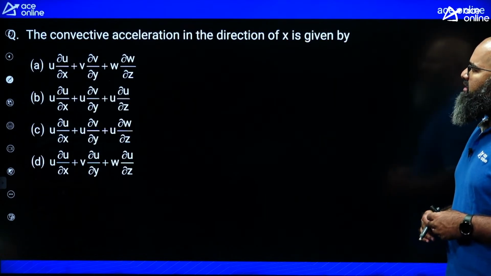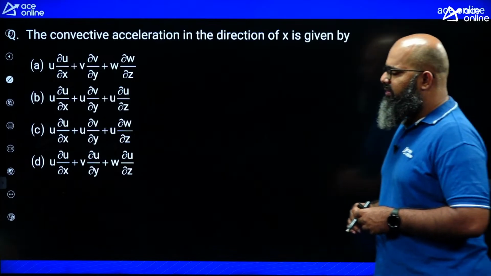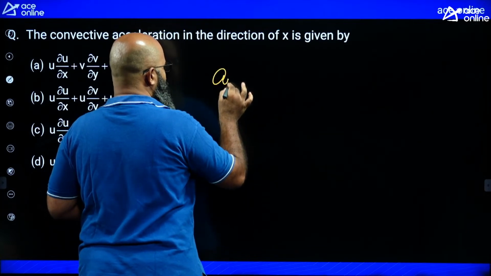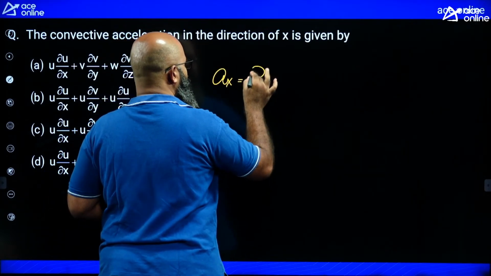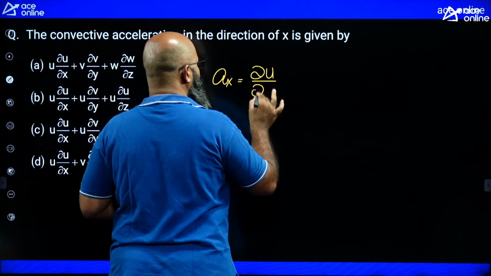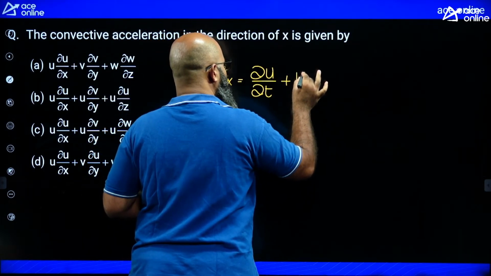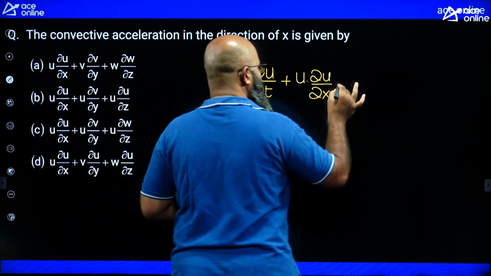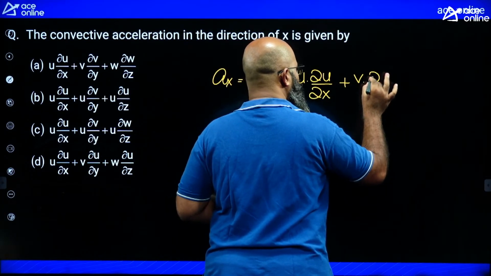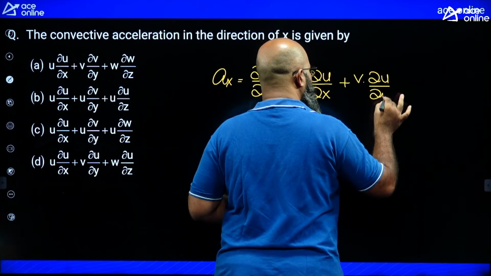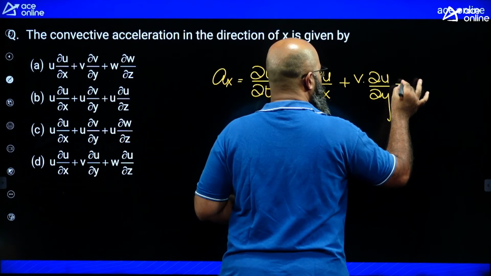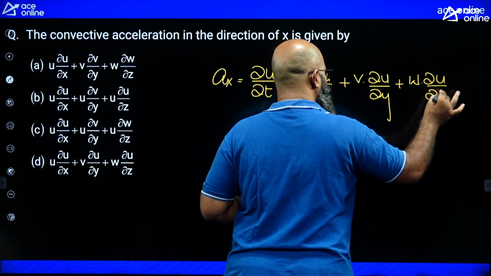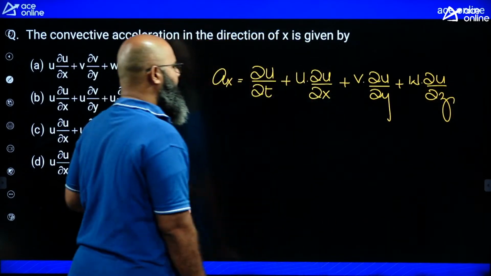Next thing. The convective acceleration in x-axis is given by how much? Now what is the formula for acceleration? Let me write down the acceleration a_x formula. It is equal to dou u by dou t plus u into dou u by dou x plus v into dou u by dou y plus w into dou u by dou z. This is the acceleration formula.